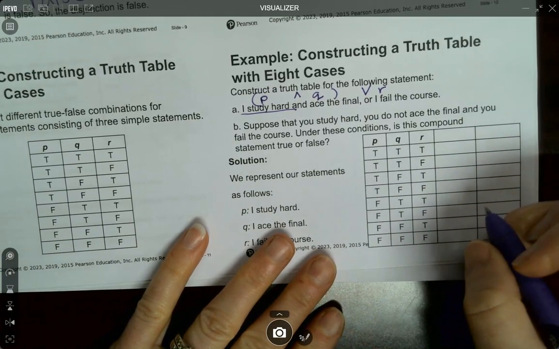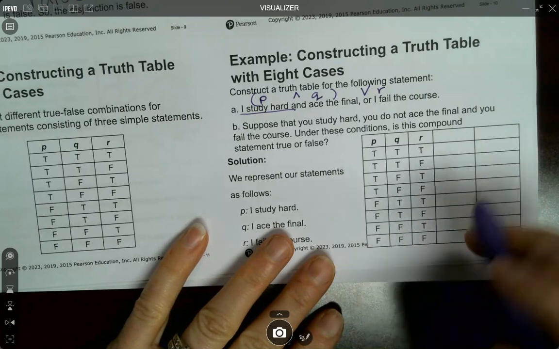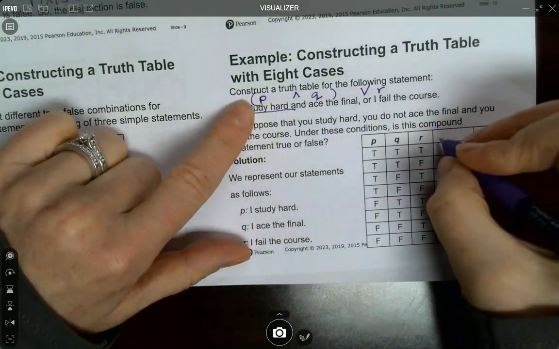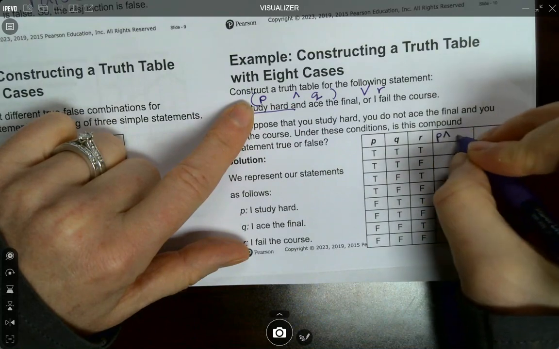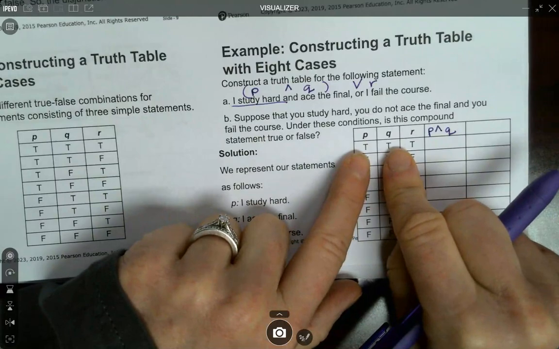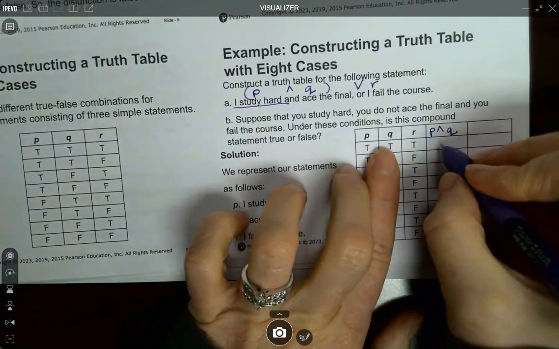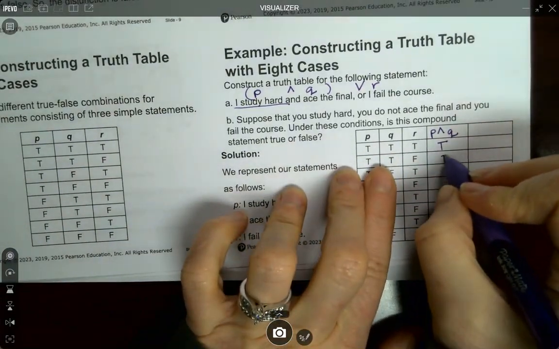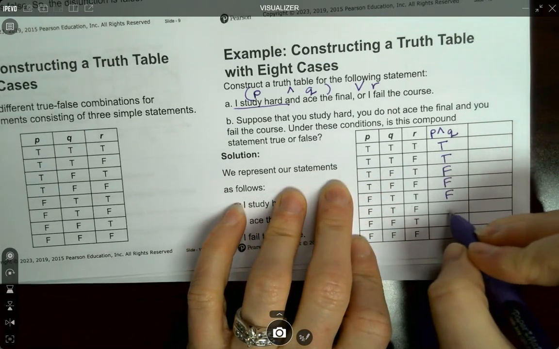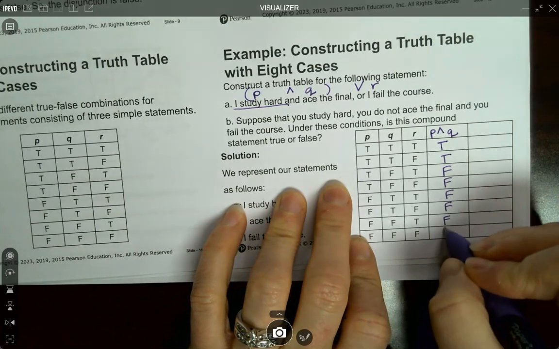Okay, so let's go through, and first thing we want to do is this in parentheses. So P and Q. Remember, with P and Q, they have to both be true. So true, that's false. False, false, false, false, and false.